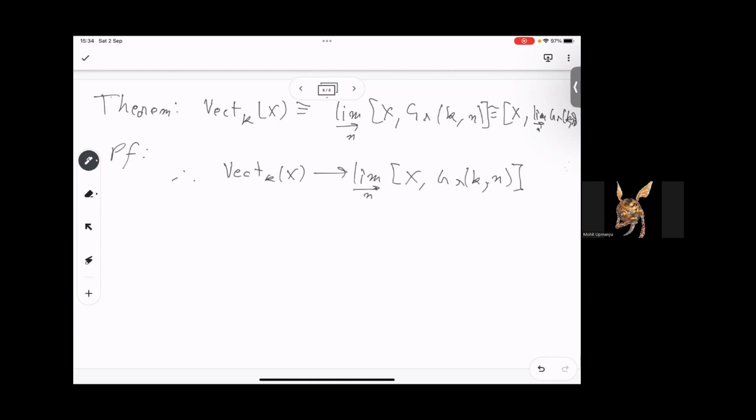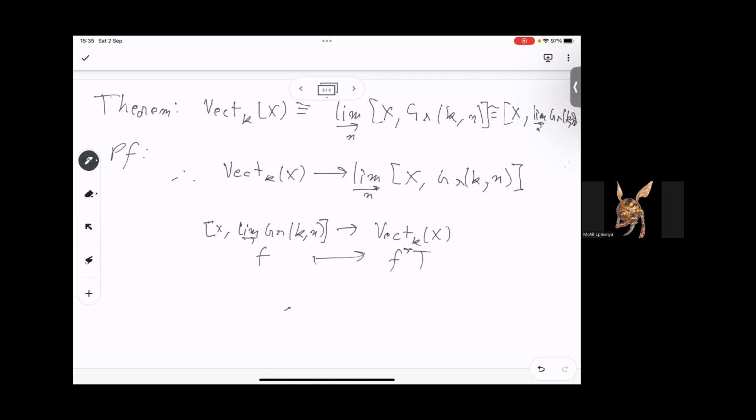And similarly, because the other side is a single space, we do get a map from X cross the direct limit of Gr(k, n) to Vect_k(X). This basically sends f to f upper star of the tautological bundle.